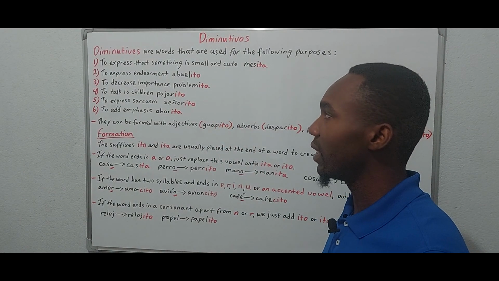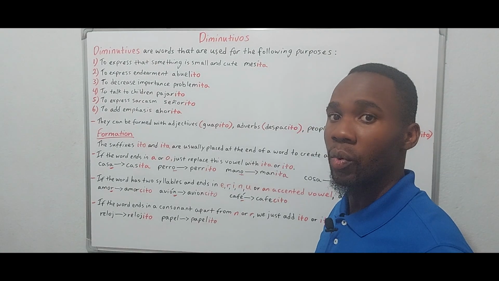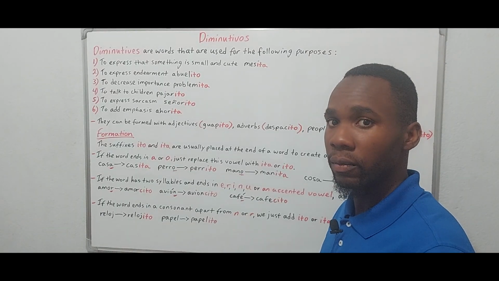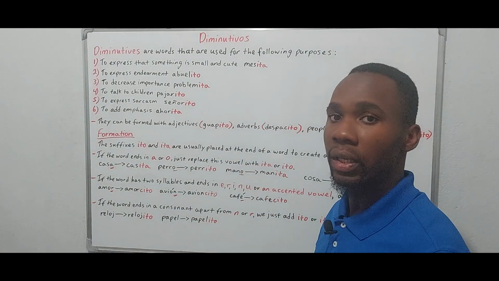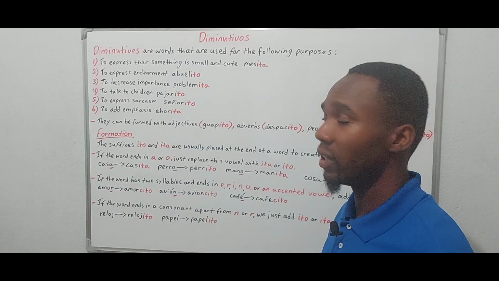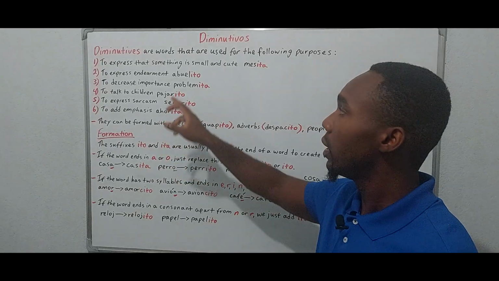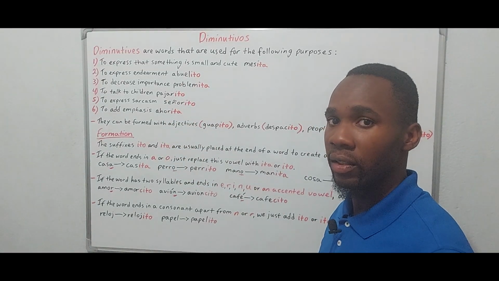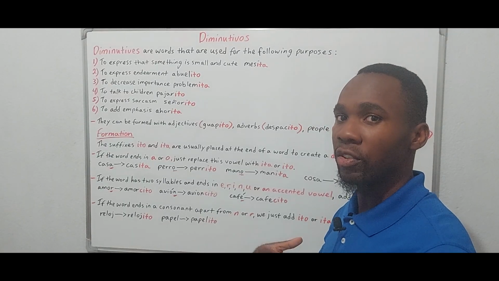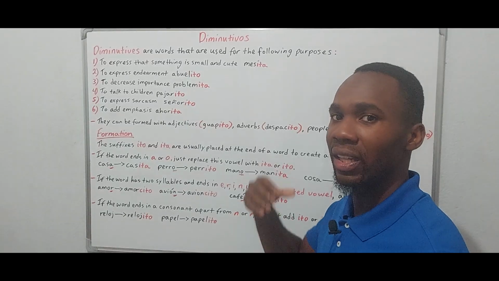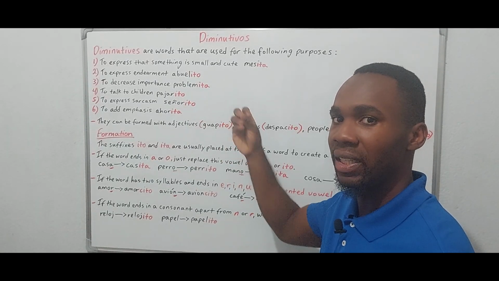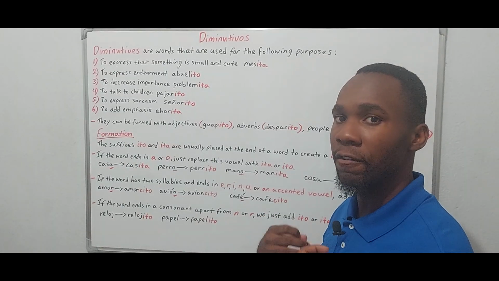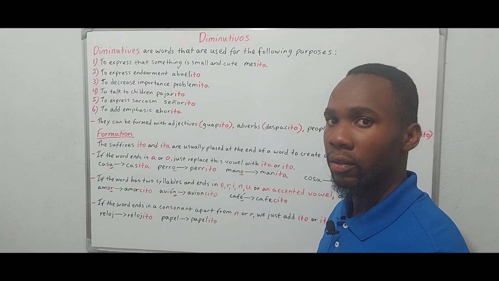Two, to express endearment. If we want to express affection, we can use a diminutive. So for example, perdón, abuelito. This comes from abuelo, granddad. The original form is a little bland. Using a diminutive signifies a strong relationship, a strong affection, right?